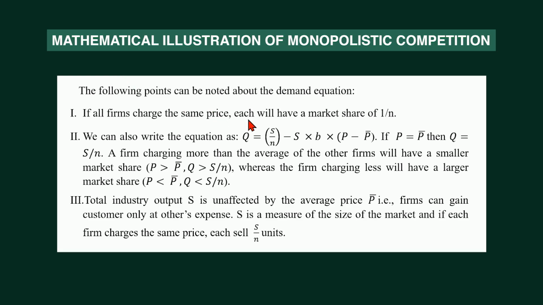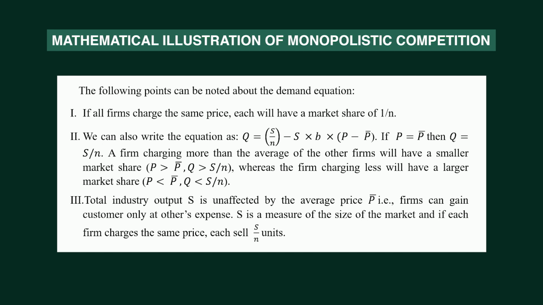Now the following points can be noted about the demand function. All firms charge the same price, and each will have a market share of 1 by N, meaning if the total industry output is S, then my share as one individual firm in the market is S by N. So share is 1 upon N. And all the firms are symmetric here.